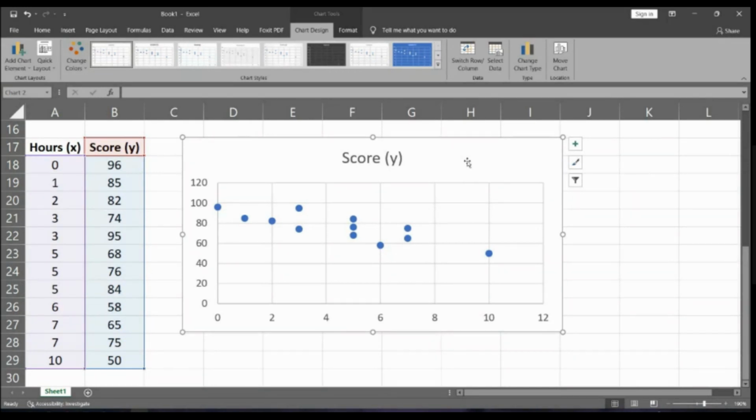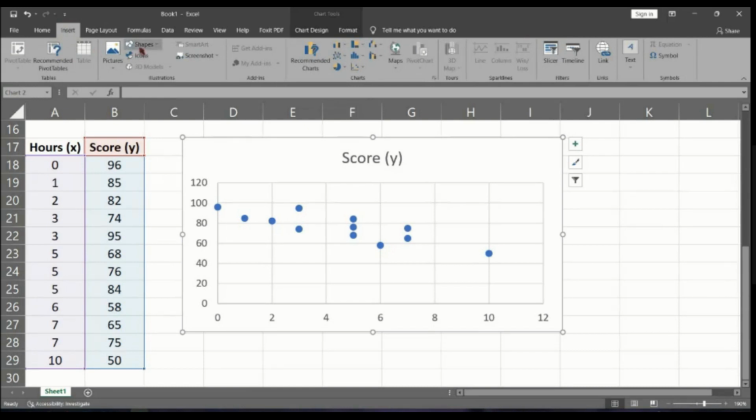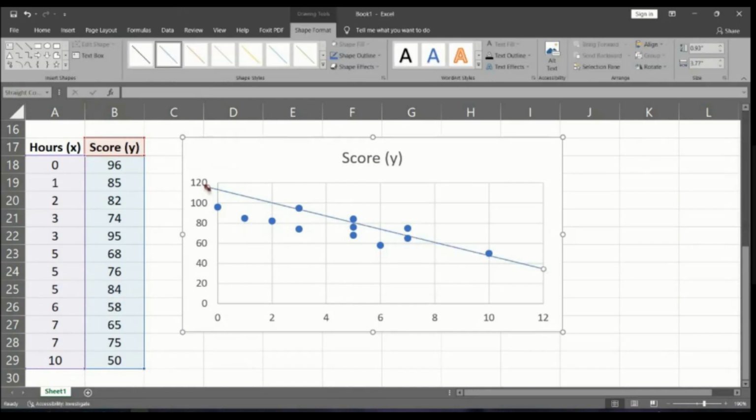Using this diagram, we can have an initial hypothesis about their relationship. So as you can see, if we were to draw an imaginary straight line, this is the trend of the scatter plot diagram, no?